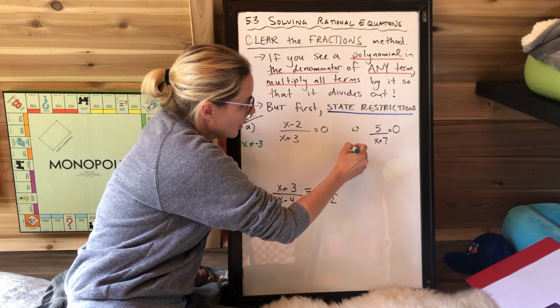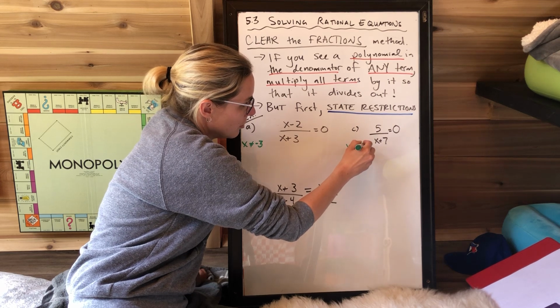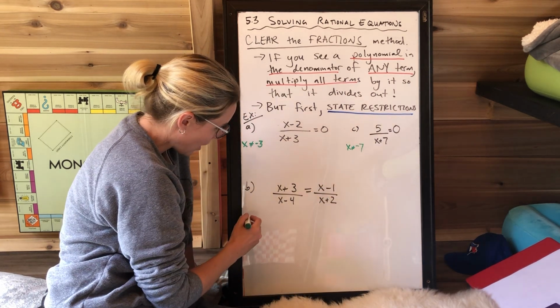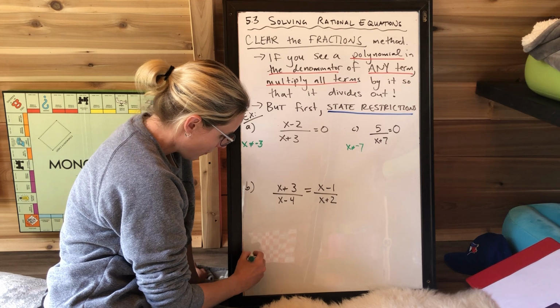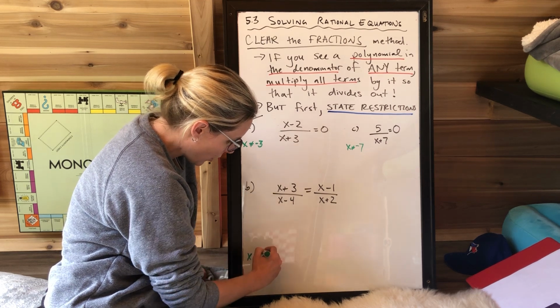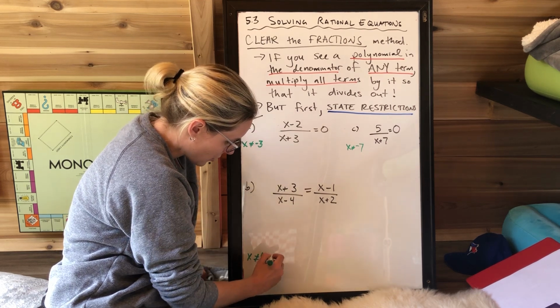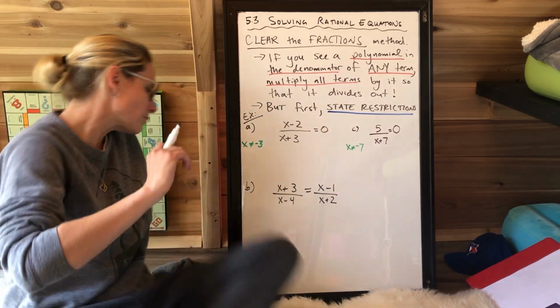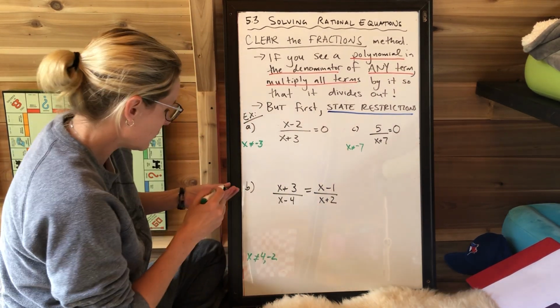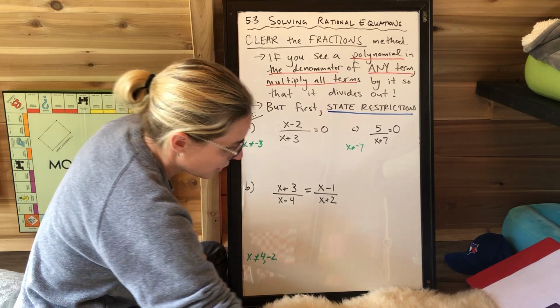Somewhere like here, we want to make sure x does not equal -7, and here there happen to be two restrictions. We want to make sure x does not equal 4, and that x does not equal -2. So before you start any question, stating the restrictions is the first thing you want to do.